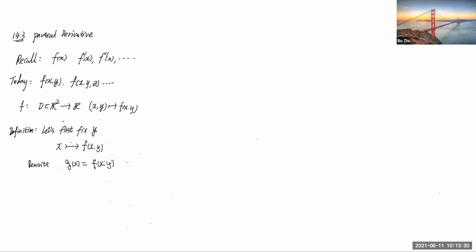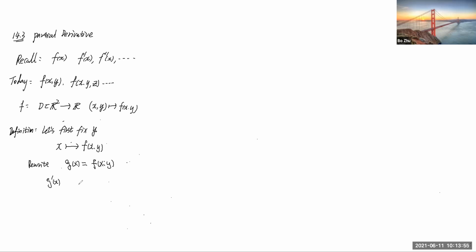By this technique, finally you get a function of one variable, right? For a function of one variable, we knew how to compute the derivative. For any y you compute this, but for example here, y is fixed, but y can be any number.